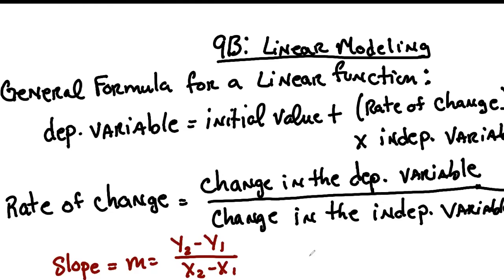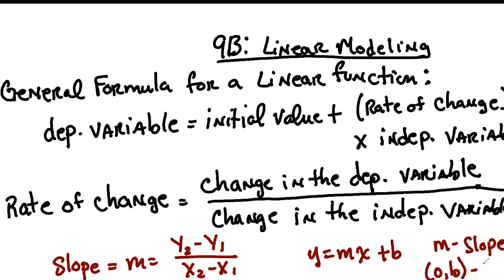And there is one more, which is our slope-intercept form, which is y is equal to mx plus b. Y is equal to mx plus b, where m is our slope and (0, b) is the y-intercept.